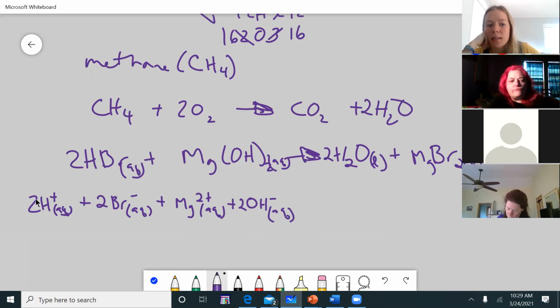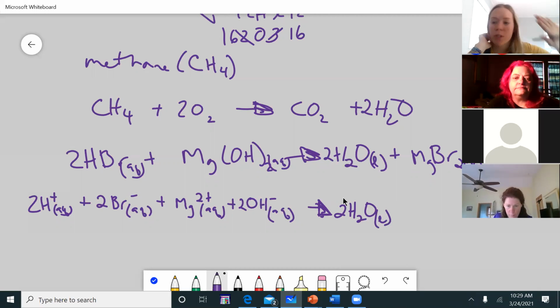Okay, so there's 2 of these floating around, 2 of these, 1 of these, and 2 of these. Now, we will produce the liquid water. We keep that together because anything solid, liquid, and gas, we just keep as a unit. They're not going to break apart.